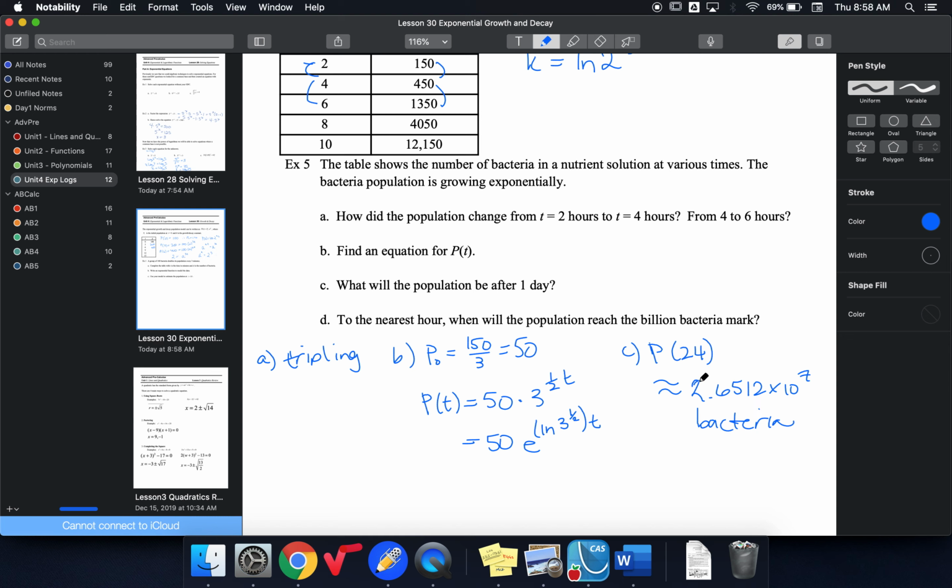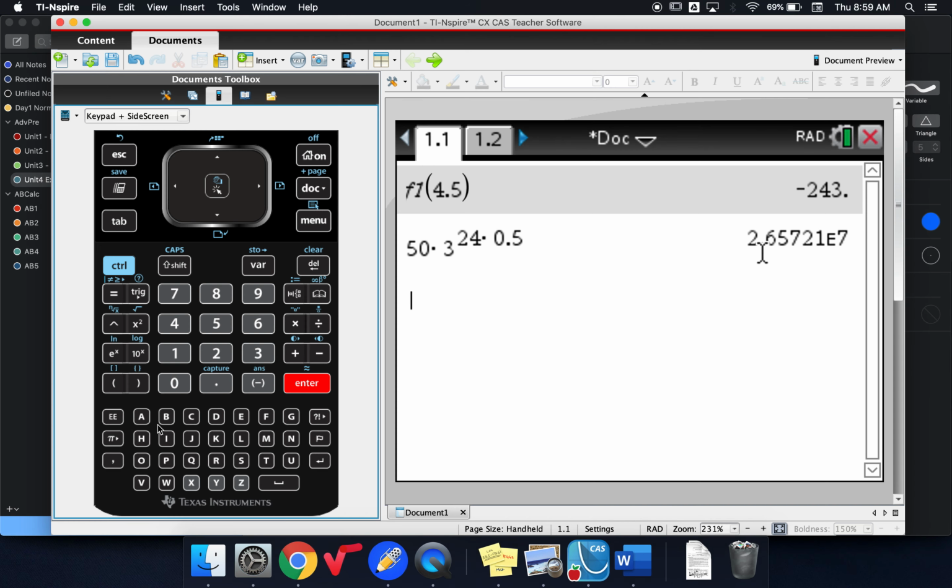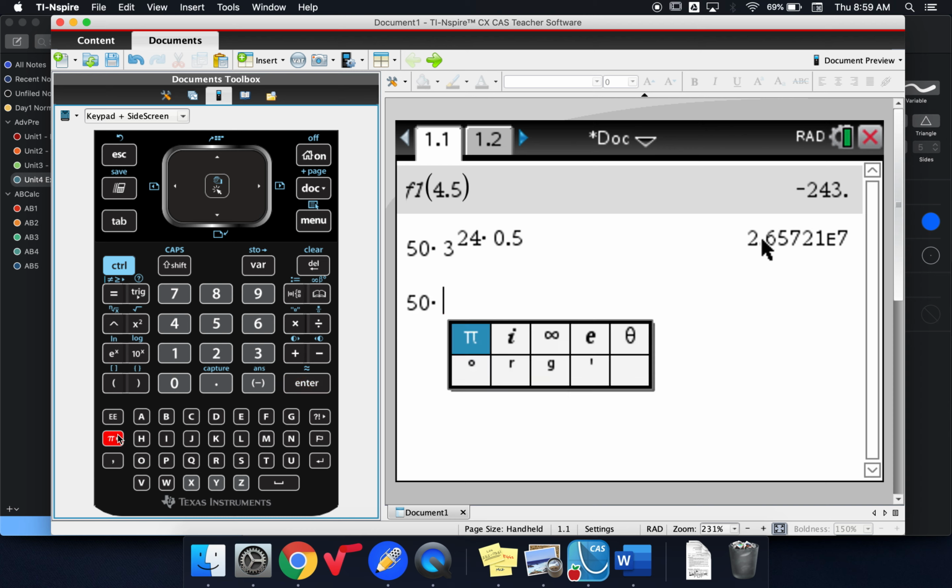All right. And I can verify my other equation, see if I get the same thing. So we've got 50 times, oh, that's not what I want to do.